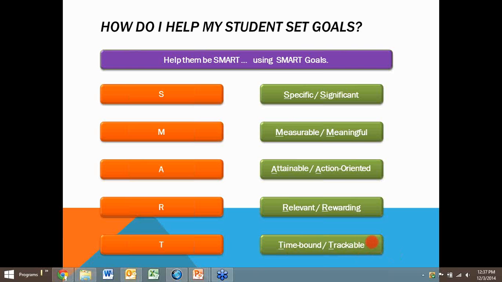So as mentors, if you think about using this technique that Michelle just presented, I would just ask that you keep in mind a couple of the key points that stick out for me particularly, which is A, for attainable. You as a mentor may have specific ideas or goals that you want to see your student achieve.